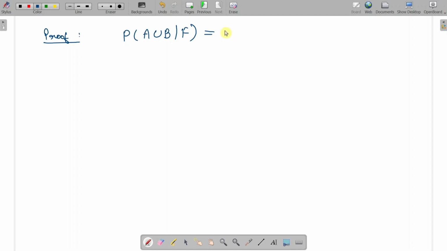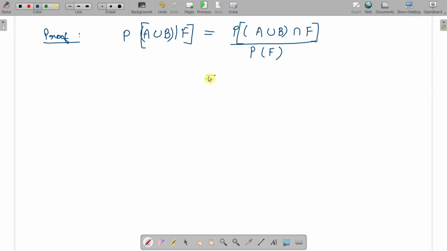Now this can be written by the definition as probability of (A union B) intersection F divided by probability of F. The brackets are important here.